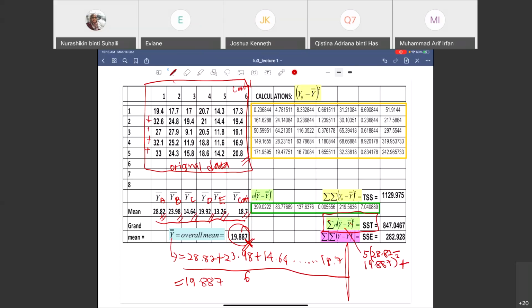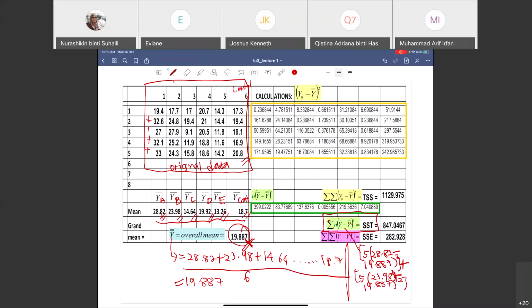It's a bit messy, but I hope that's clear. And then the next one is 5 multiplied by 23.98 minus 19.887 squared. Okay, this is actually a bracket here.